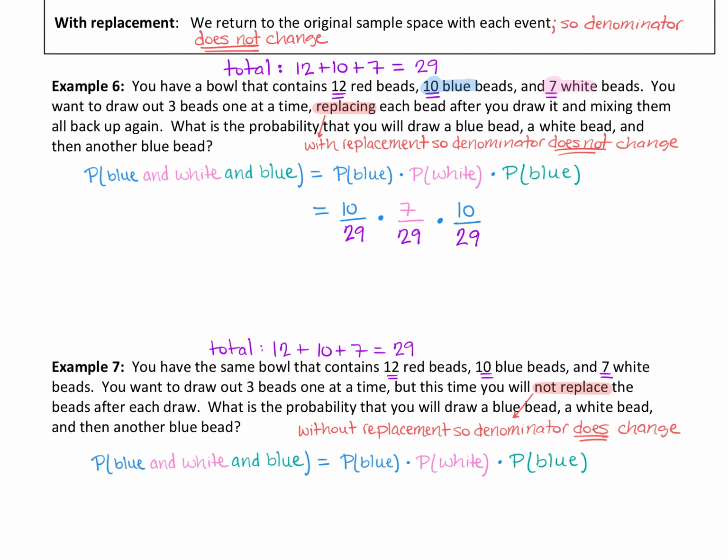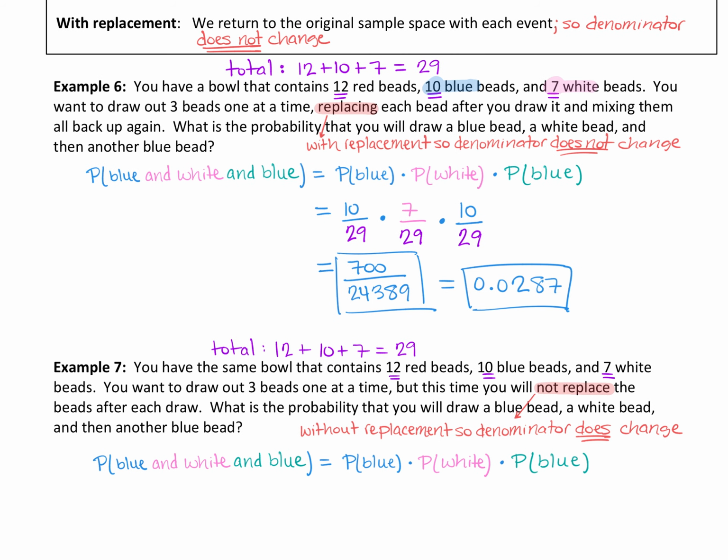And after typing that into our calculator, we end up with 700 out of 24,389, which is equal to 0.0287, or as a percent, 2.87%.